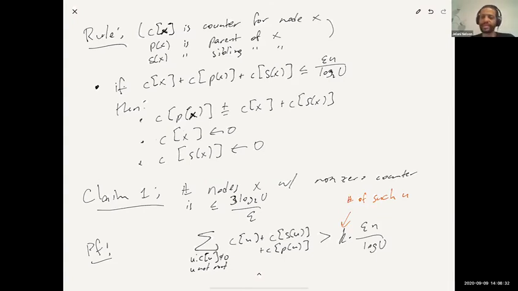And in this sum, each node u appears at most 3 times: it's u at most once, it's a sibling to exactly one node in the tree, and it's the parent to at most one node, since it's 0 if it's a leaf. So this is at most 3n. So you just move this around, and this implies that k is at most 3 log u over epsilon. So we're not storing that much stuff.